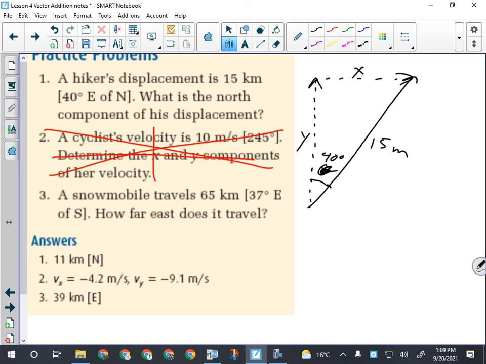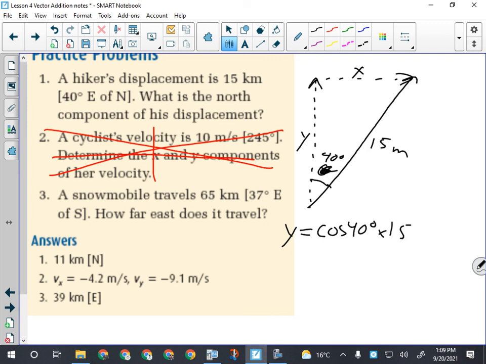So which trig function will I use here? Cos. Y is adjacent to the 40-degree angle, so y equals cos of 40 degrees times the hypotenuse.